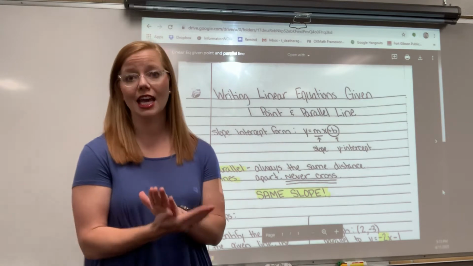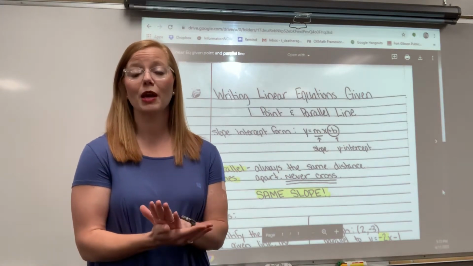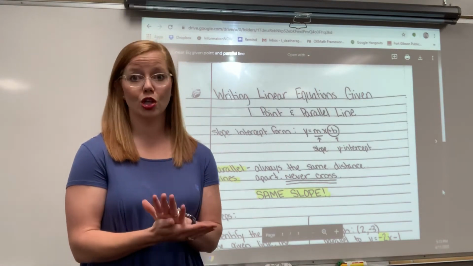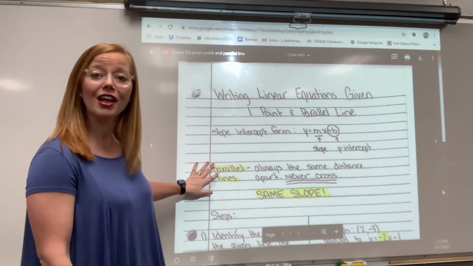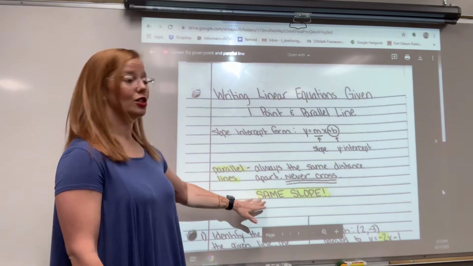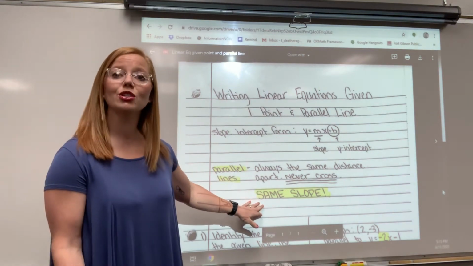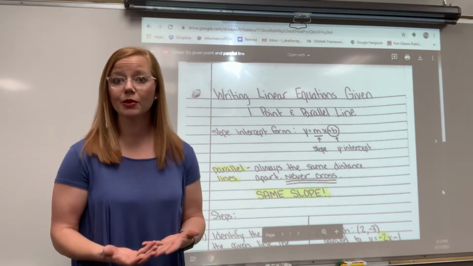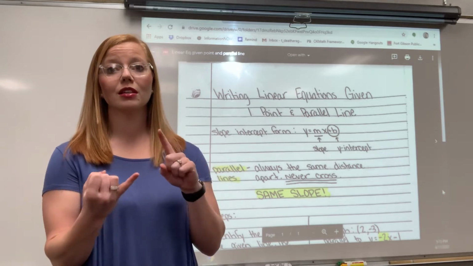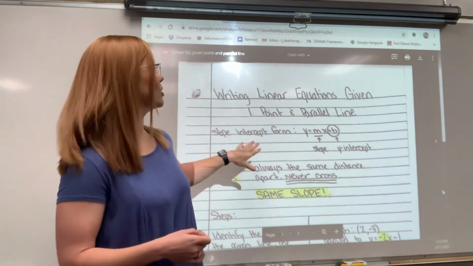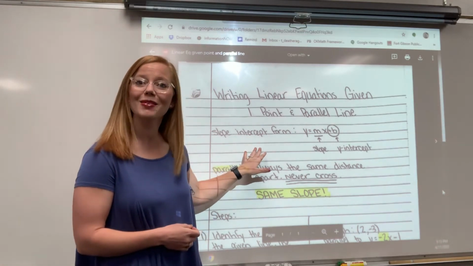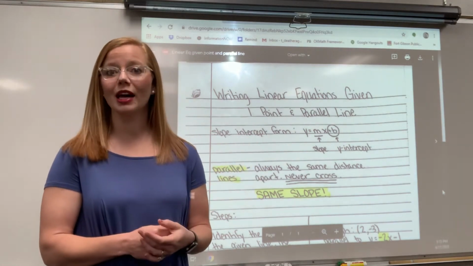The main takeaway from today is parallel lines have the same slope. As you can see here in your notes, those are the two things I highlighted. Parallel lines, same slope. I wanted to remind you of a couple of different equations that we're going to be looking for today. Today we're finishing our equations in slope-intercept form, which is y = mx + b, where m is your slope, b is your y-intercept.